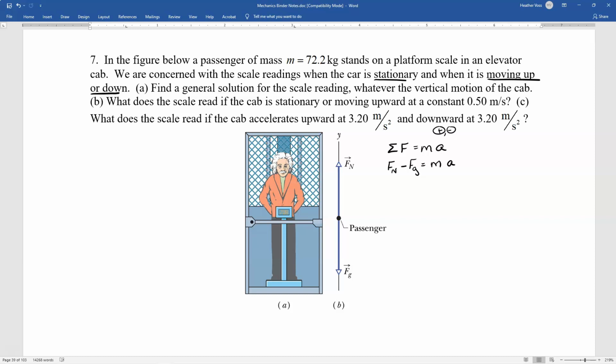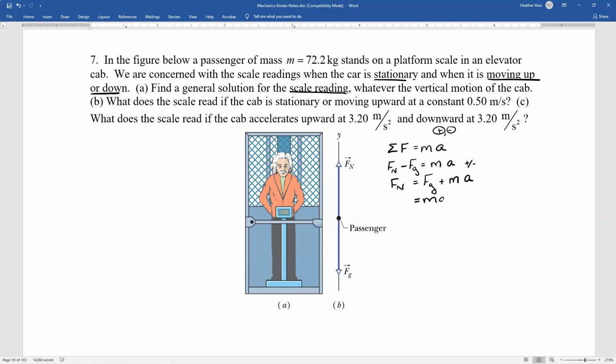So I want to find a general solution for the scale reading. Well, the scale is measuring our force normal. So force normal is going to equal force due to gravity plus mass times acceleration. Now that acceleration is a signed acceleration. I tend to try and put some sort of notation above it to remind myself that it is a signed acceleration.